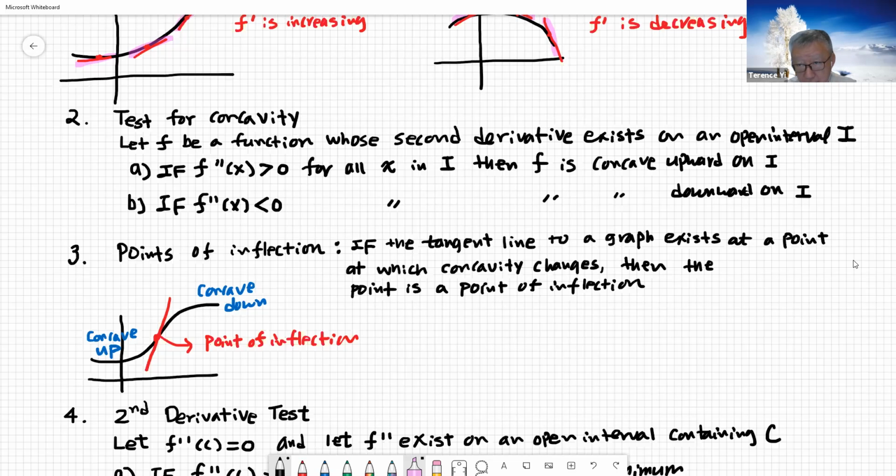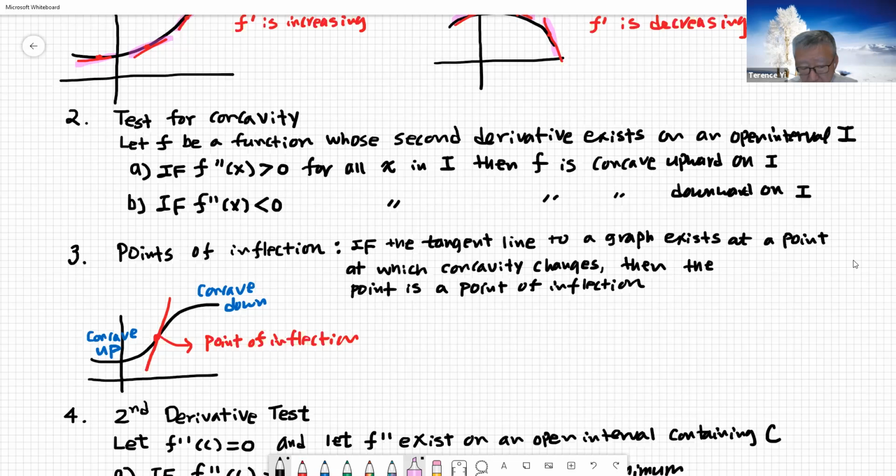Now, just like we had critical numbers for increasing and decreasing functions, we have something called points of inflection for concavity. A point of inflection is when the tangent line to a graph exists at a point at which concavity changes; then that point is a point of inflection.